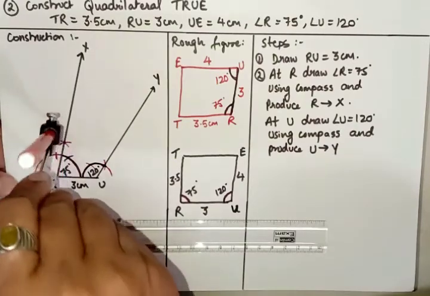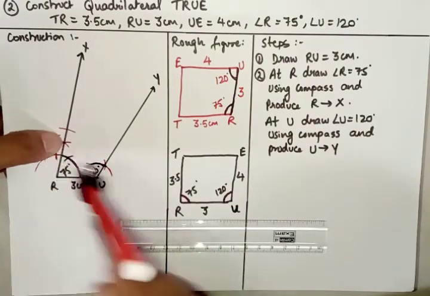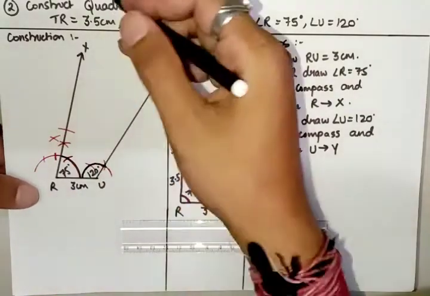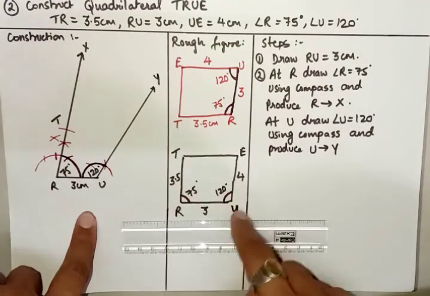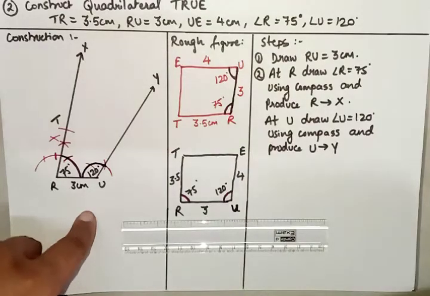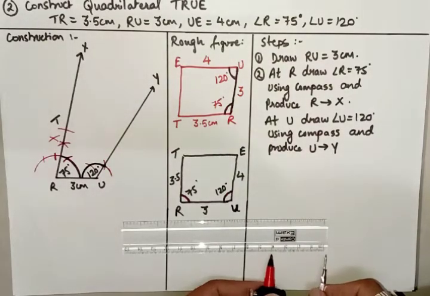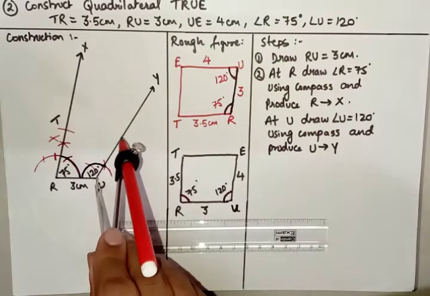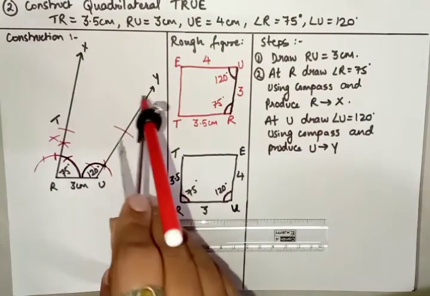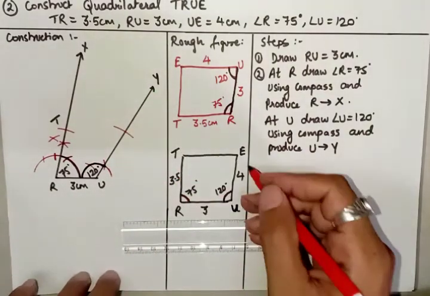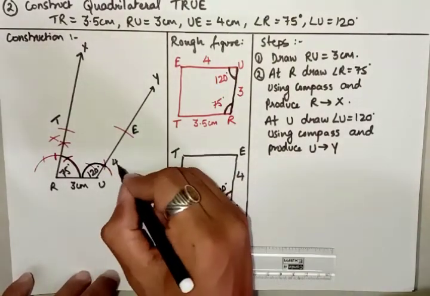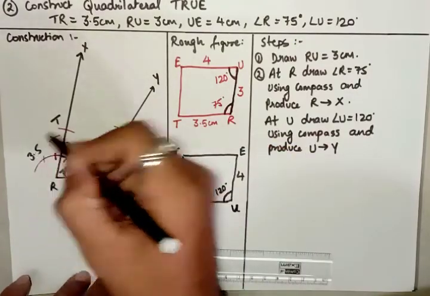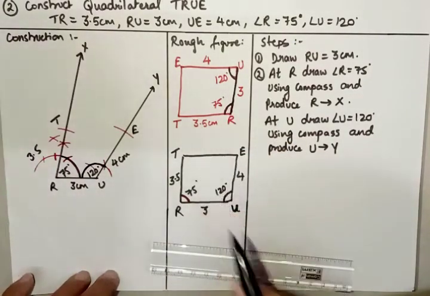Keeping at R, the arc which I have drawn intersects this RX at point T. Similarly, from U, I have to construct an arc of 4 centimeter which will intersect the UY drawn at this point, and that point will be named as E, right? This is of 4 centimeter, this is of 3.5. Now we can see we have to join this to get the quadrilateral, right?